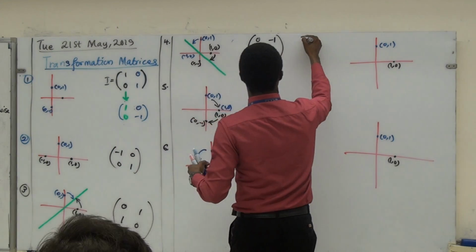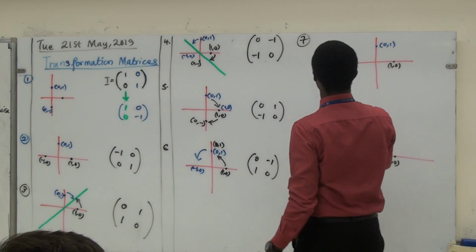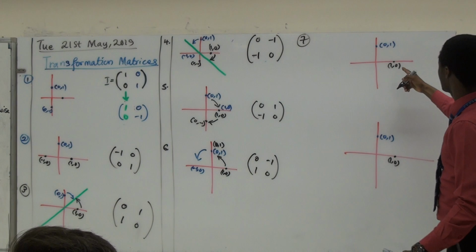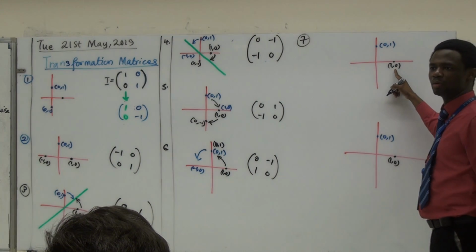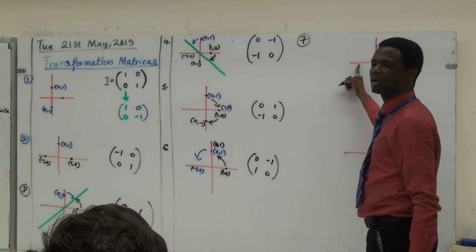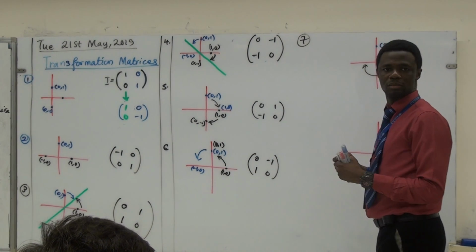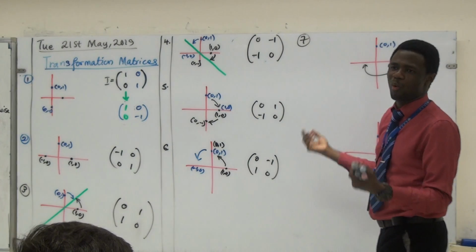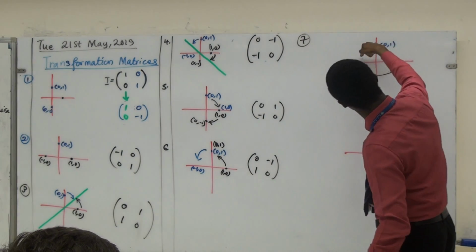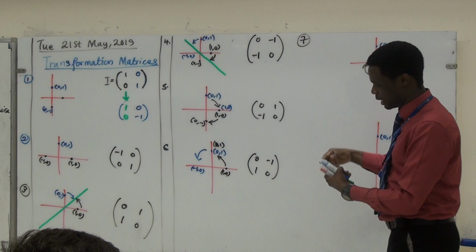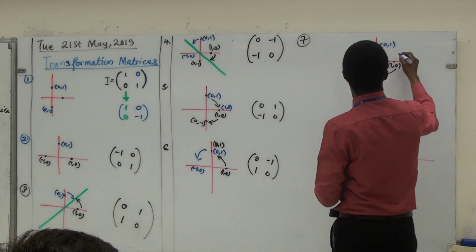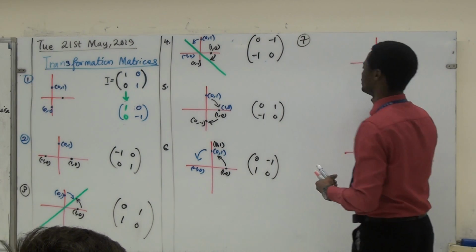So number 7 is 180 degrees. If you rotate this 180 degrees, where does it go? Other side. So it comes here, whether clockwise or anti-clockwise. If you go the other way, it still comes here. Then if you rotate the blue one, it comes here, right?